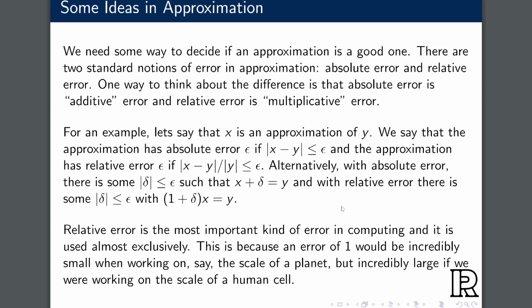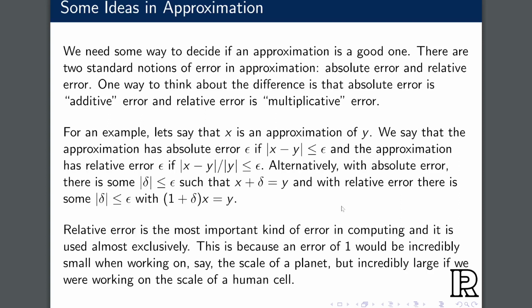To formalize this intuition, there are some notions in approximation that we need, namely absolute error and relative error. I found it kind of a hassle to remember these. It wasn't too hard, but I think there's an easier way to remember them, which is that absolute error is additive error and relative error is multiplicative error.